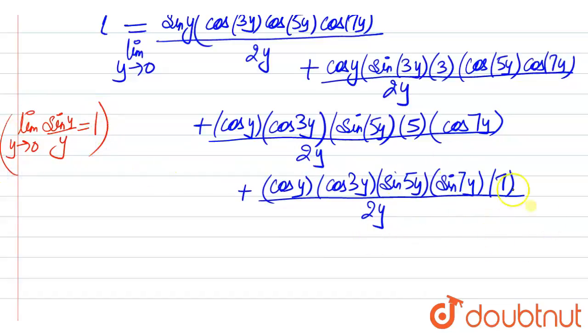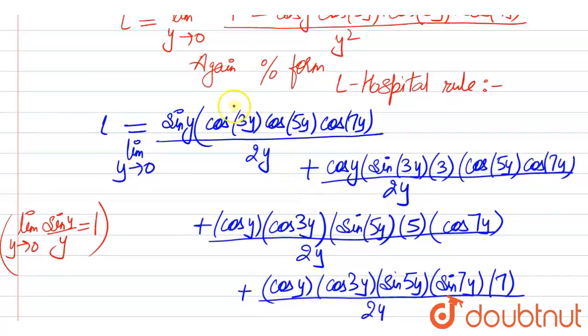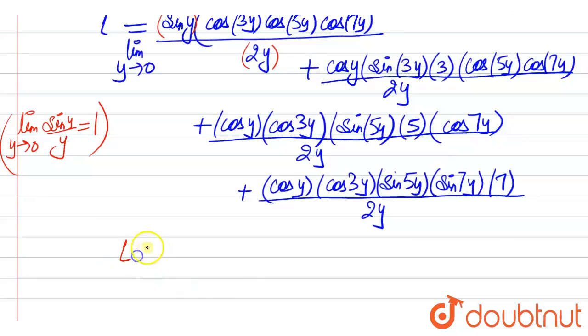So here this is sine y divided by 2y. Okay, when y approaches 0, sine y divided by y would be equal to 1, and all the other terms are cos 0, so cos 0 is also 1, so we will get L is equal to 1 by 2 from here, plus here also we have sine 3y.